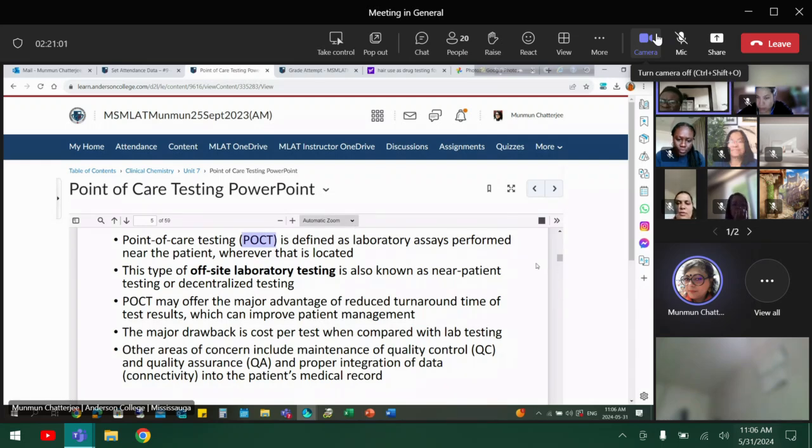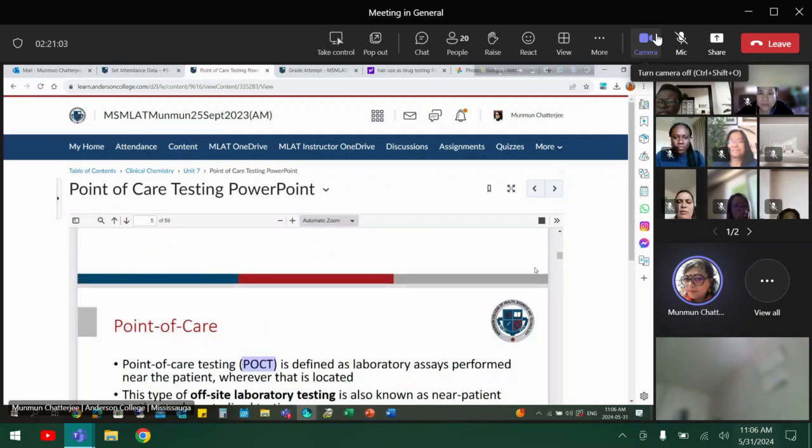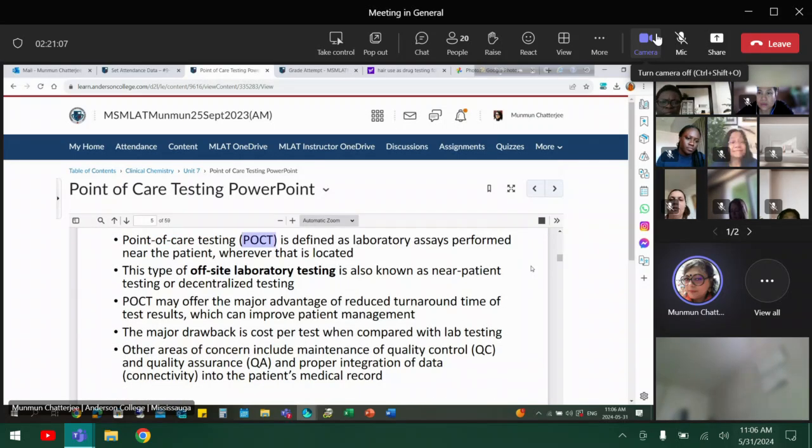Near the patient, or at the bedside. At the bedside, near the patient, where the patient is located: the chair, the bed, wherever, or if the patient is eating, it is near the patient. That is point of care testing. You are giving the care at the point where the patient is.